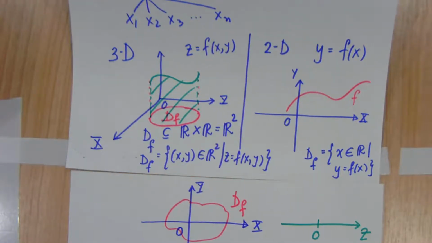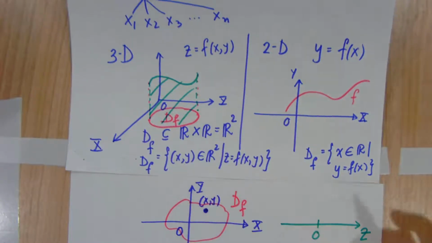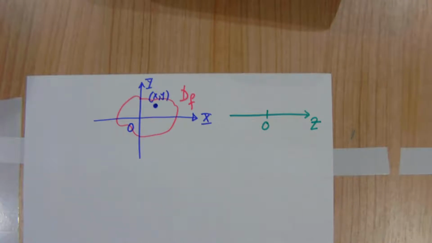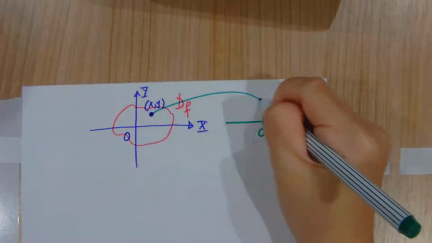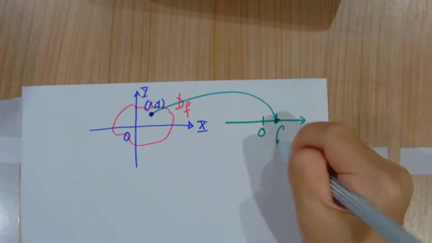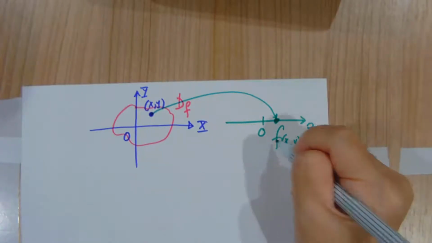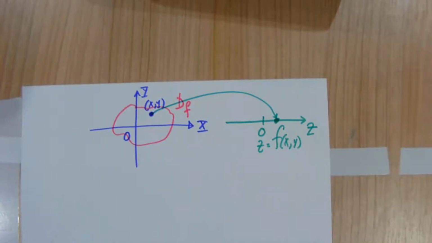So for example, if we have any point (x, y), it also maps to one point. So this is like f of (x, y), for example. Okay. So now in the midterm exam, or in the homework, we will find the domain of the functions, and then we just plot the graph of the domain.